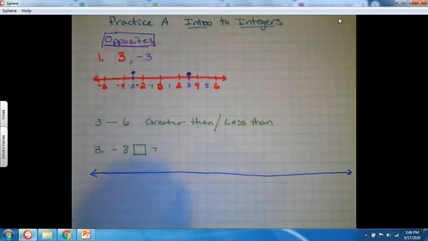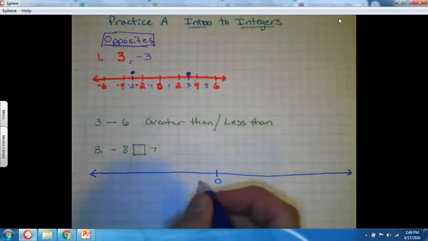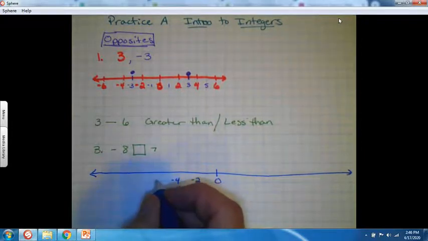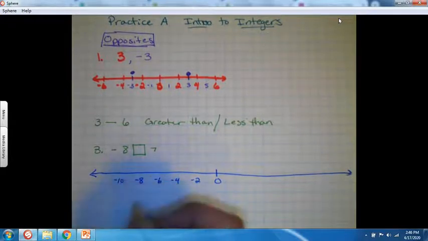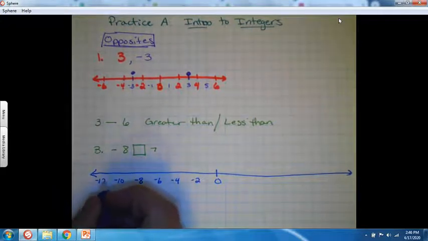It's a pretty big number line. So I'm going to put the 0 here in the middle, and then I'm going to count by 2: -2, -4, -6, -8, -10, and they go all the way to -20. I'm not going that far because I do not have room.